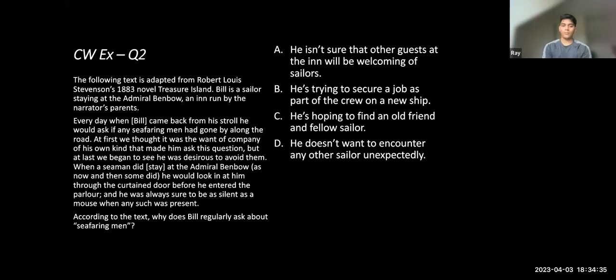A: he isn't sure that other guests at the inn would be welcoming of sailors. Again, not talking about it. But D, he doesn't want to encounter any other sailor unexpectedly, fits with your ignore and avoid strategy. Maybe there's some story behind it, but for sure we know that he is ignoring and avoiding. The answer is option D. Absolutely correct.